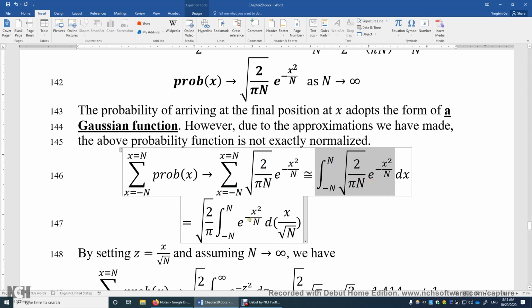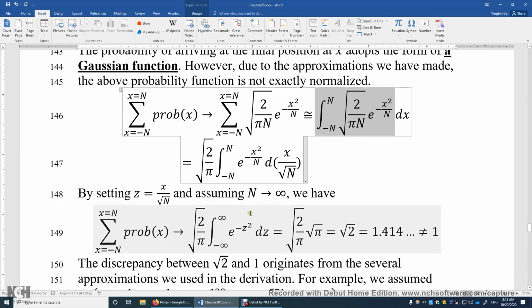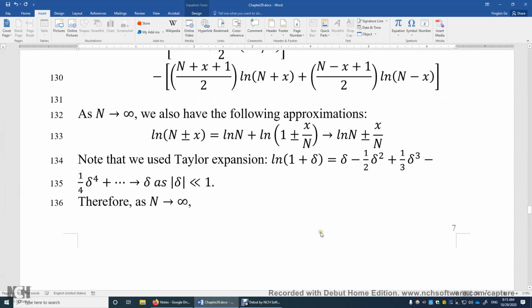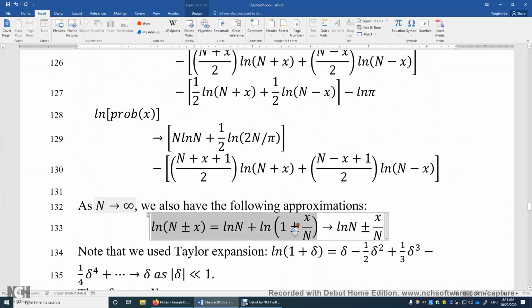If you do that, in the end, the integral of this is going to be 1.414. It's not exactly 1. This is because in our derivation, I think I made several approximations. The Stirling approximation is one of them. And also, I think I made another approximation here.